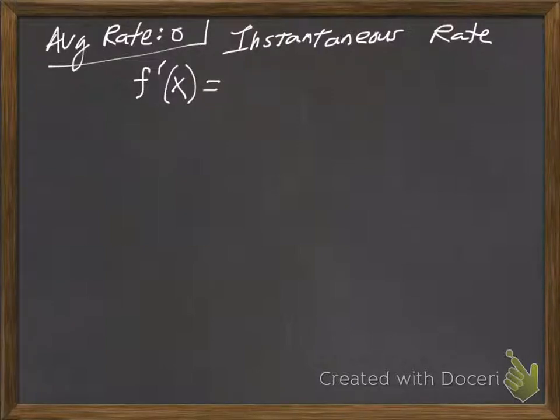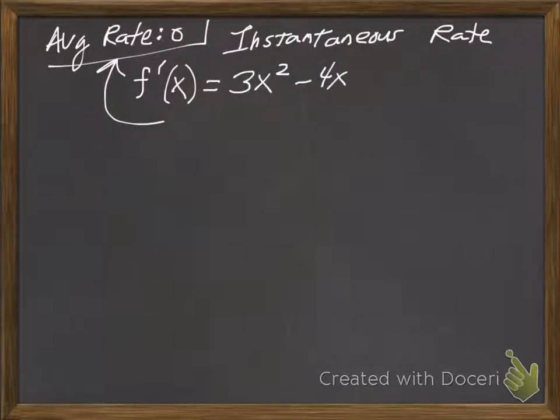So f prime of x for this function, which again was x cubed minus 2x squared plus 2, you take the derivative, a relatively easy application of the power rule, 3x squared minus 4x. So we want this thing to equal the average rate of change, which we know has to be true because of the mean value theorem. And our graphical approach in class showed us that for a differentiable function, this must be true.